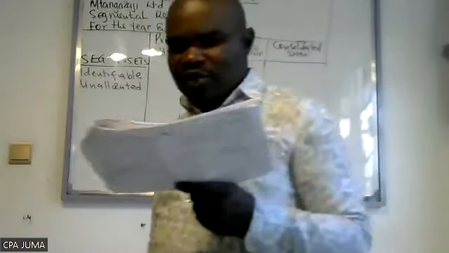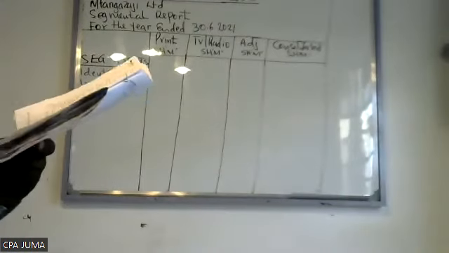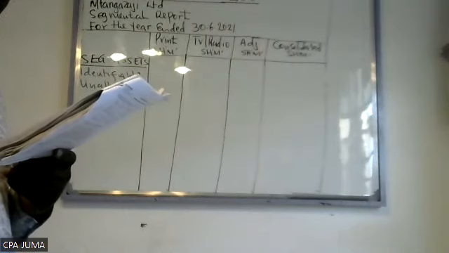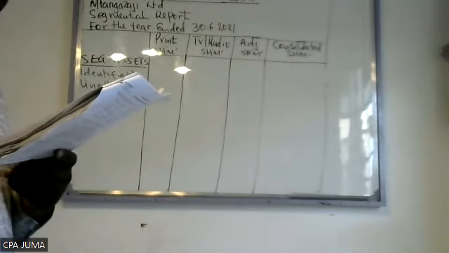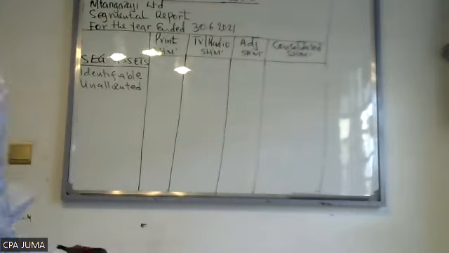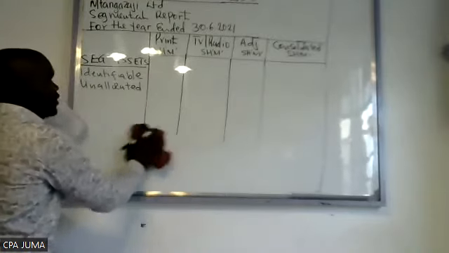There is current assets, and there is non-current. So current, there is print and TV, non-current print and TV, then unallocated for each, for both current and non-current. So what you will do, again, have a working outside there.